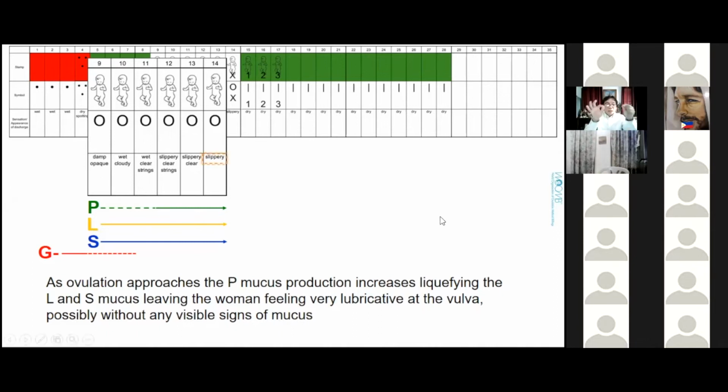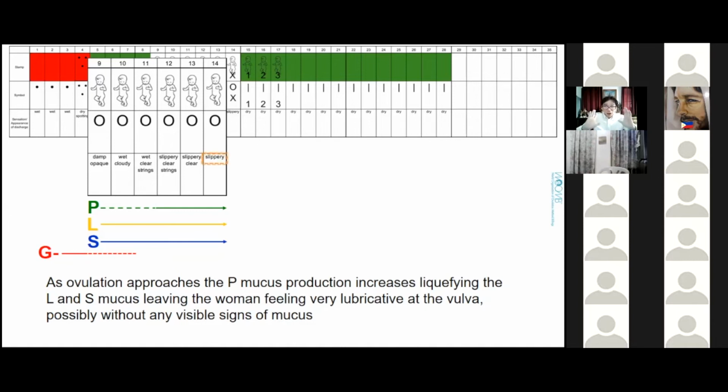Look at the P, L, and S. These 3 types of cervical mucus studied by Professor Eric Odeblad are now being what? Correlated to the chart of Doctors John and Evelyn Billings, days 9 to 14.